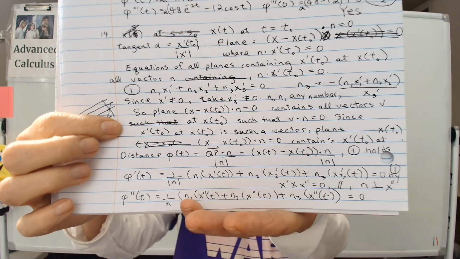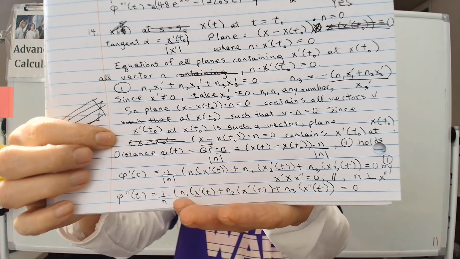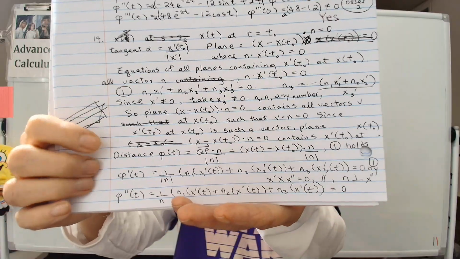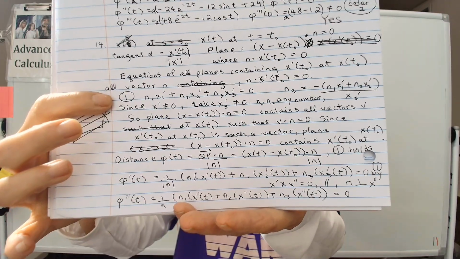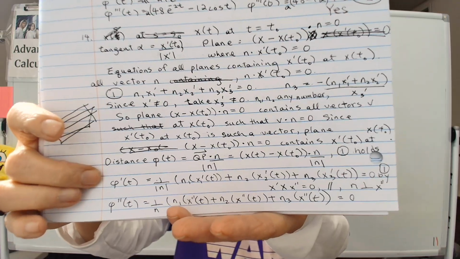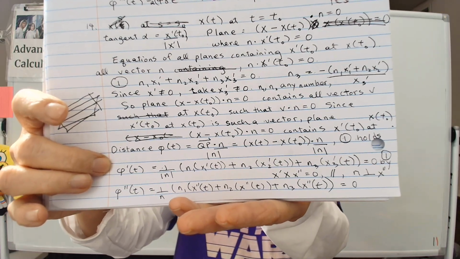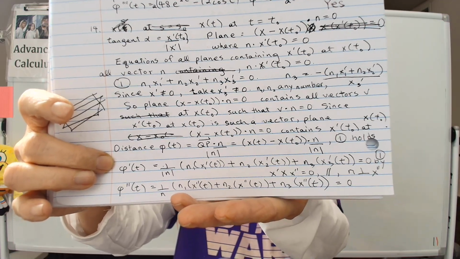Anyway, having said that, we calculate the distance formula, remembering that this situation holds, and then we can calculate phi prime, which is equal to 0 at, I think, t equal to 0 in this case. All right, which is fine.